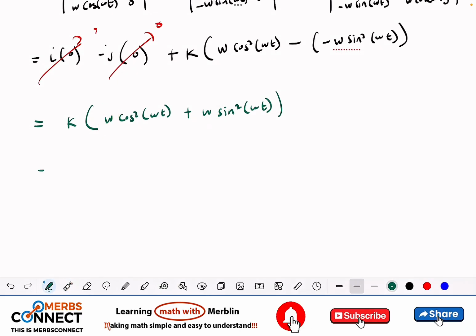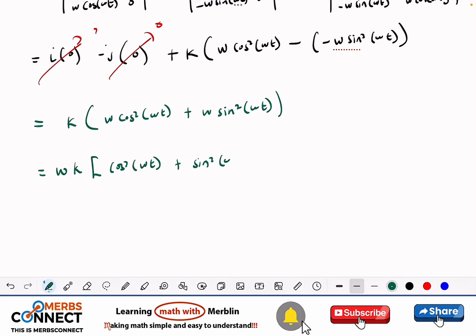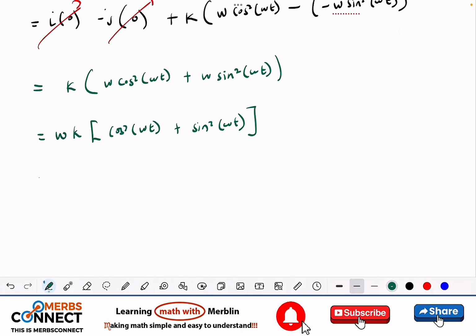I'm going to have omega k, then it will be left with cos squared omega t plus sine squared omega t. Now this property, we are going to use a lot. Anytime you see cos squared plus sine squared, or sine squared plus cos squared, and they're having the same angle, then it's 1. So this is going to just give us omega k.